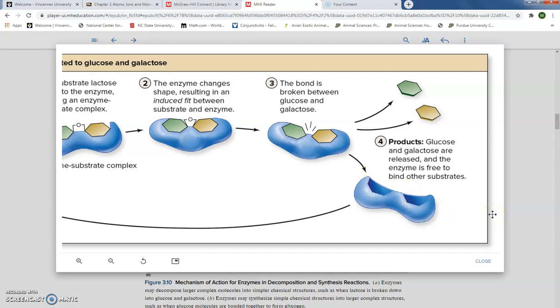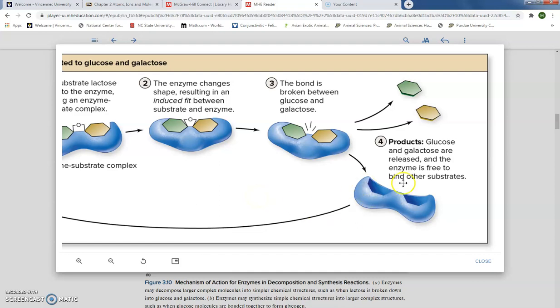And so it can continue to catalyze a chemical reaction over and over and over again. Eventually, since it's a protein, it'll wear down and be broken down, and then the cells will have to make new ones. But it doesn't just catalyze one chemical reaction. It can catalyze multiple chemical reactions in a certain period of time.